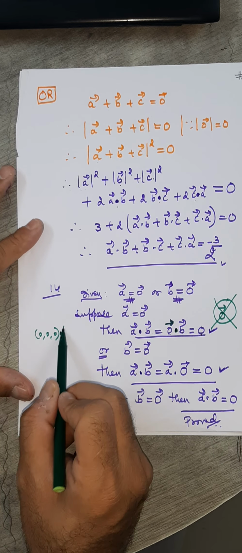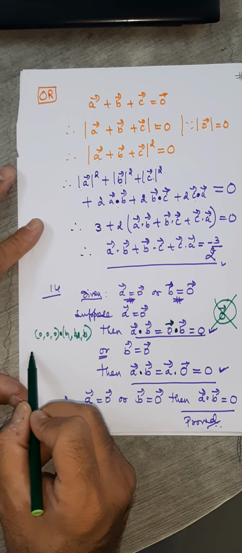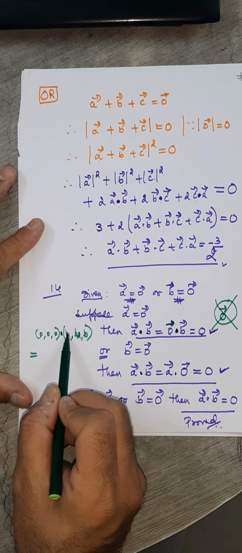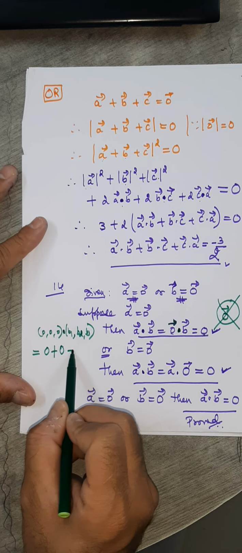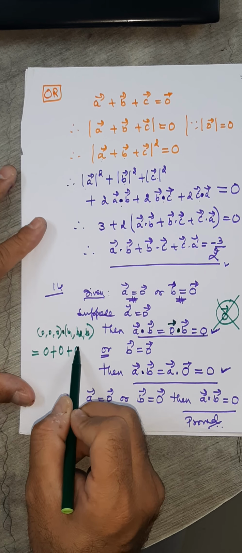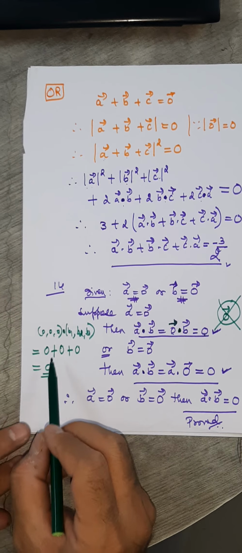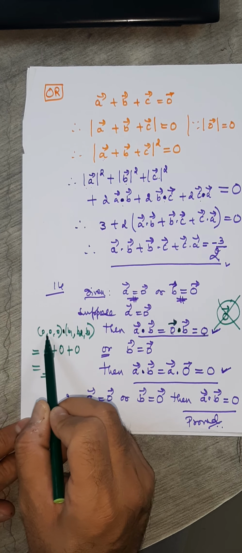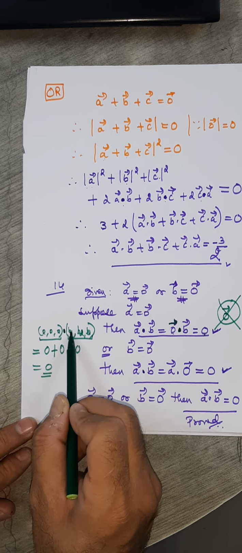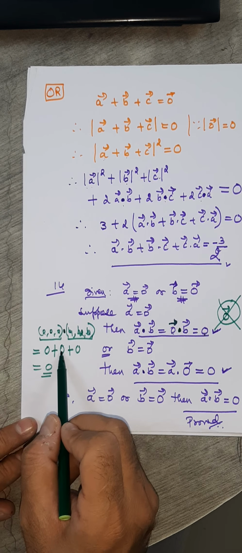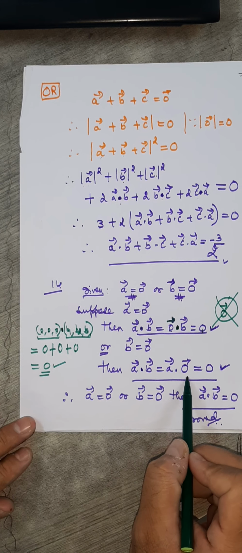Here in b you can put anything, suppose I take b1 b2 b3, remember like this. Now get the dot product. What is the dot product? 0 into b1 plus 0 into b2 plus 0 into b3, and therefore you are getting 0. That's what we have in our mind, remember. The dot product with a 0 vector means 0 0. B can be anything, but 0 into b1 plus 0 into b2 plus 0 into b3. Therefore we are getting 0, and same thing here.